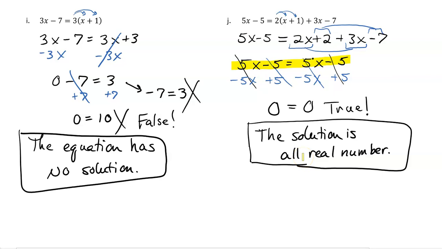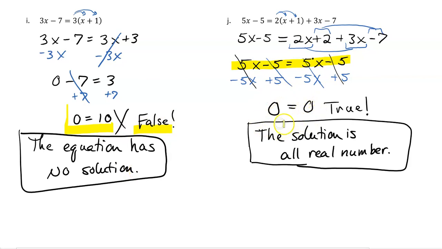Now these two situations are very closely related, right? Notice on both of them our variables all canceled, but the key thing on this first one is that the final statement is false. That's what makes the difference. If I cancel off my variables and the remaining part is not true, 0 cannot equal 10, negative 7 couldn't equal that 3 like I just had earlier, if it's false, no solution.